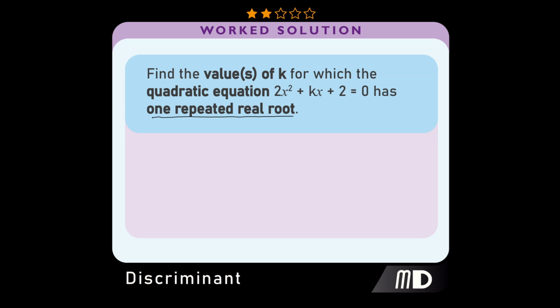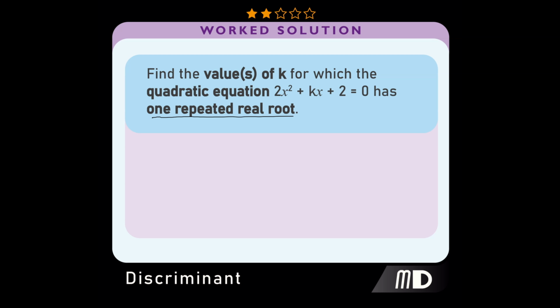So we need to do two things. First, we need to find the coefficients a, b, and c for this quadratic, and then we need to use the discriminant to find values of k that satisfy the condition that the quadratic equation has one repeated real root.